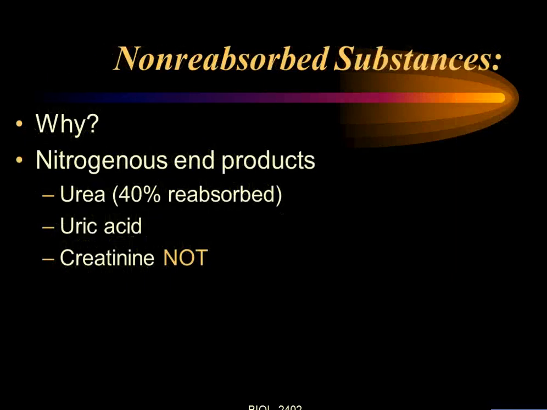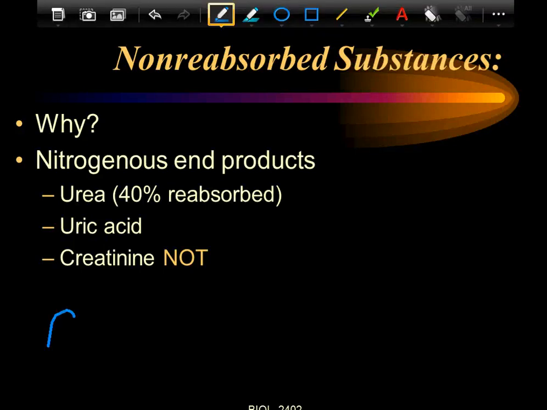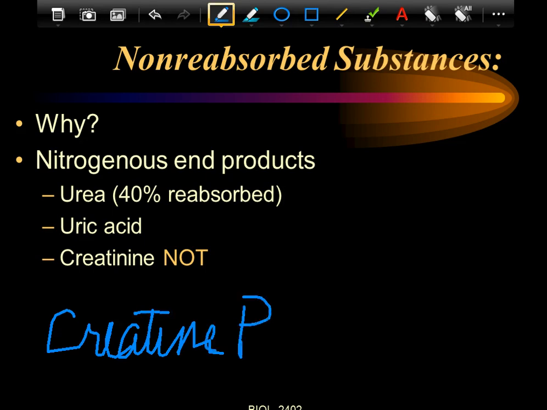Okay, let's talk about waste. There are some things that don't get reabsorbed. Creatinine. So let me remind you, you covered this in 24.1. Think about creatine. Creatine phosphate. You talked about it in muscle.